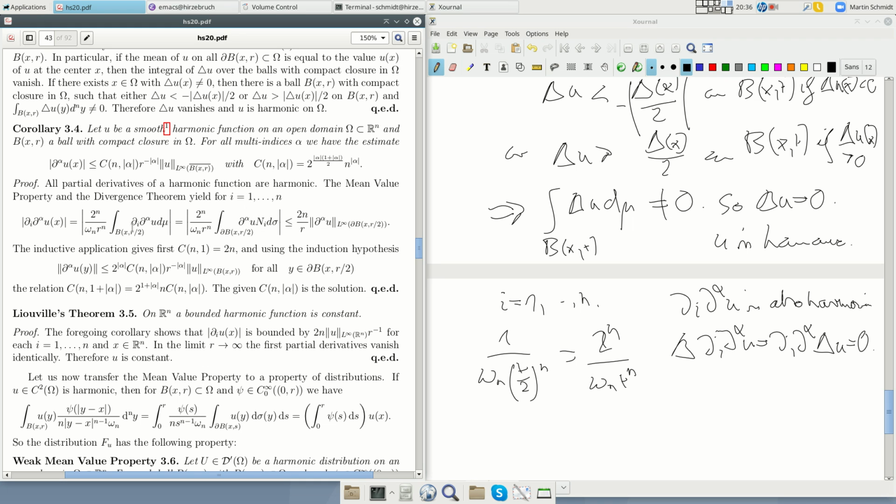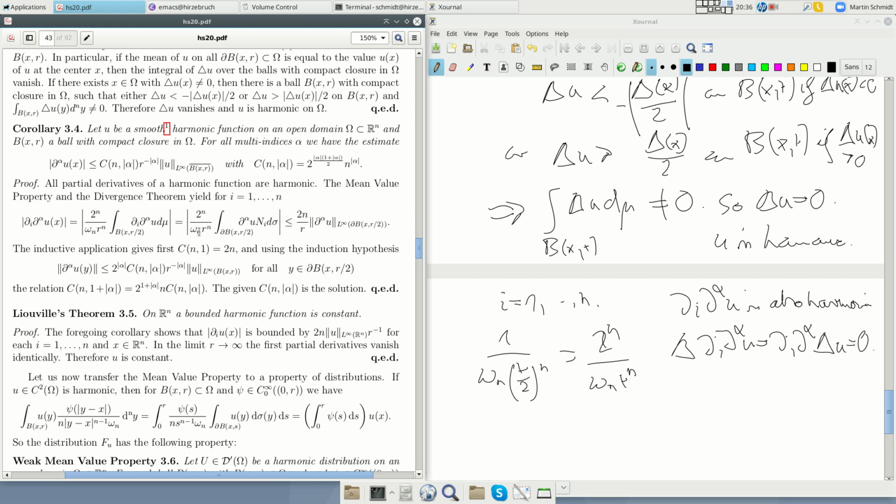Okay, so we see this is the divergence of a vector field which only has in the ith component this function. And this is now the boundary term of the divergence theorem. Okay, and this we may estimate here.